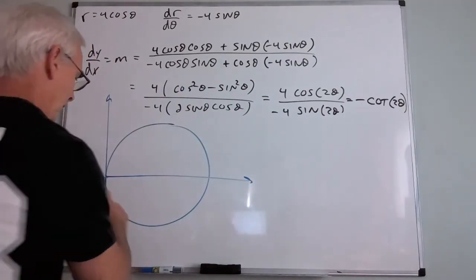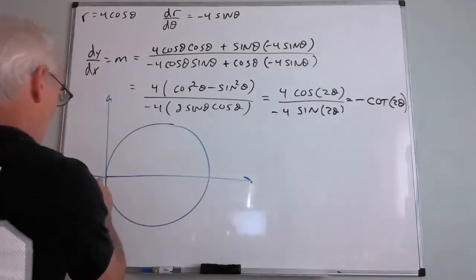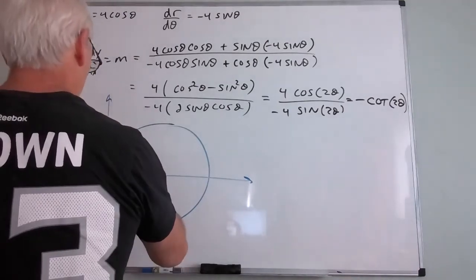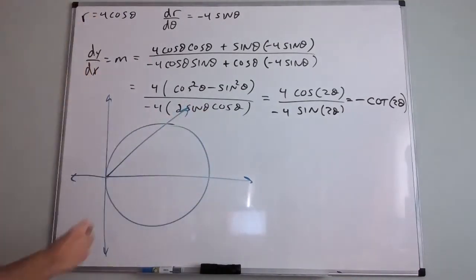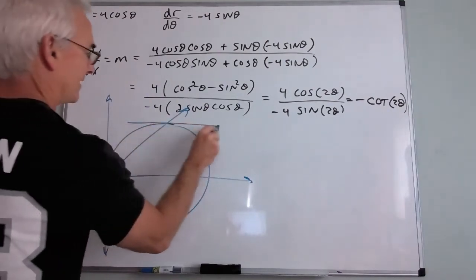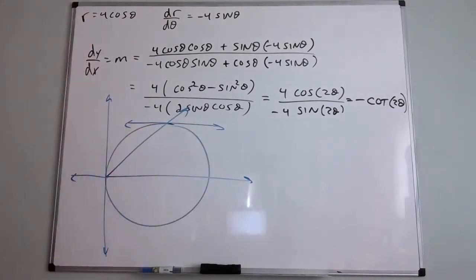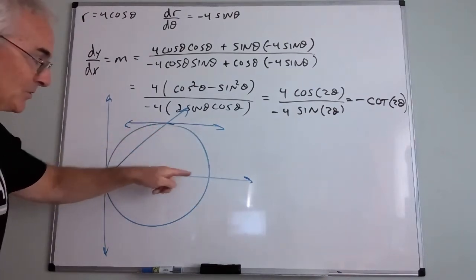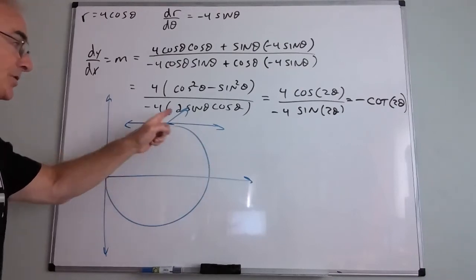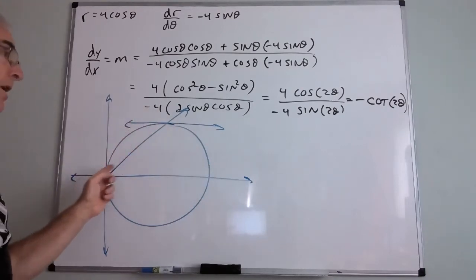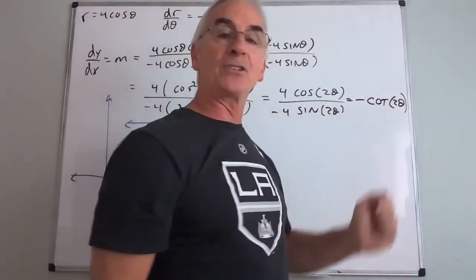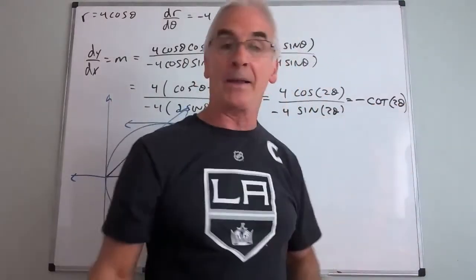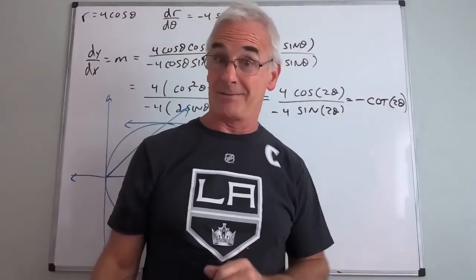Well, let's see, where's pi over 4? Well, that was 0, that was pi over 2, so pi over 4 is, if I drew this well, about right there. Look at that. That's not that bad. I have a horizontal tangent when my angle is pi over 4. Cool. I have a vertical tangent when my angle is 0. I'm also going to have a vertical tangent when my angle is pi over 2 because cotangent of pi is also undefined.